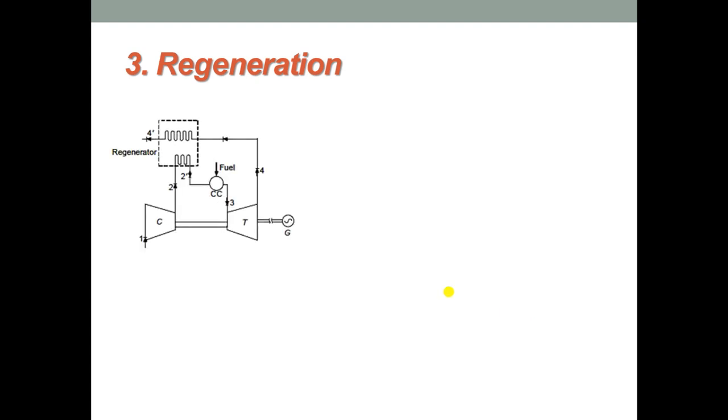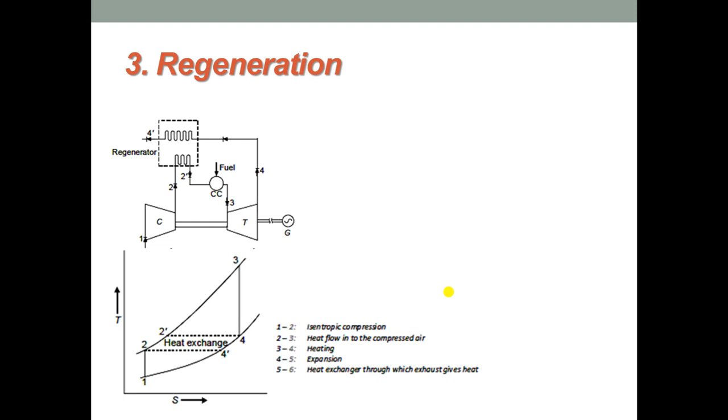So, we make use of a TS diagram as well as a line diagram. The temperature of the exhaust gases from the turbine is usually higher than the temperature of air leaving the compressor. So, the heat of the exhaust gases can be utilized to heat the air coming out from the compressor by means of a counterflow heat exchanger, which is named a regenerator in this case.